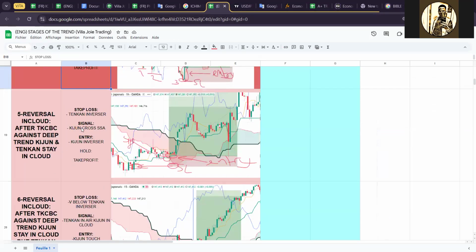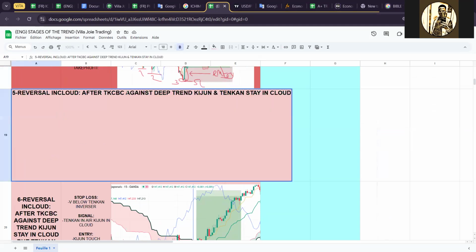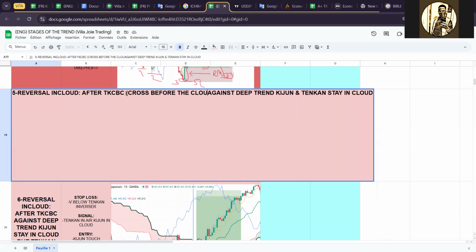Then the next stage is the reversal in cloud. After TK cross before the cloud, this one means cross before the cloud, this CBC.